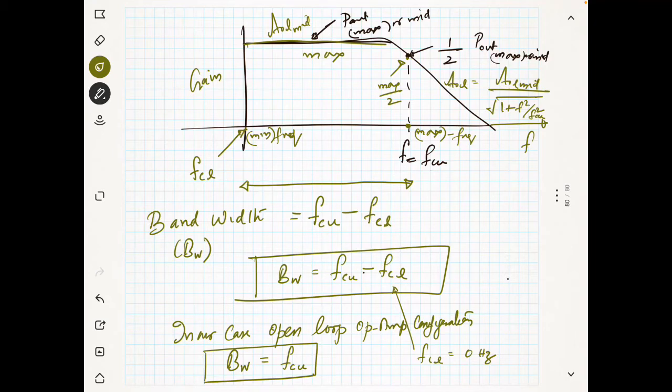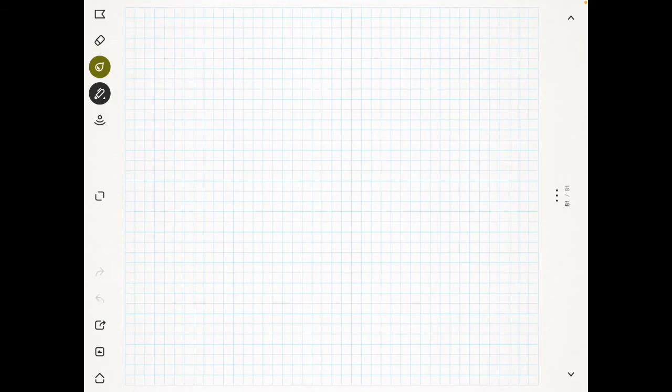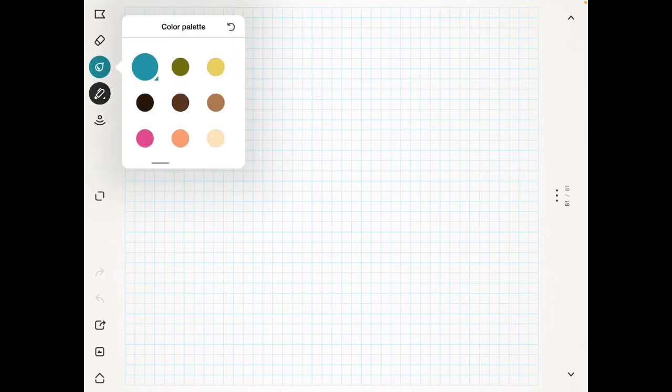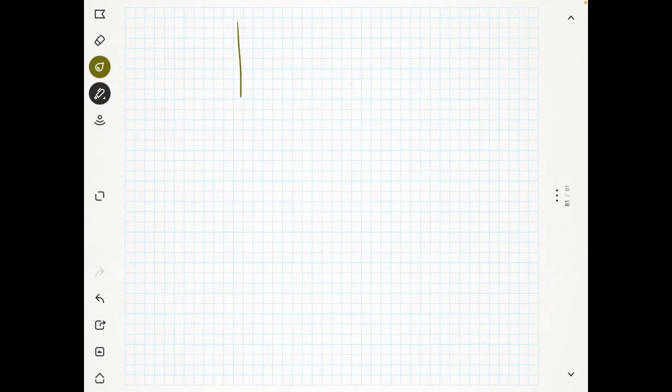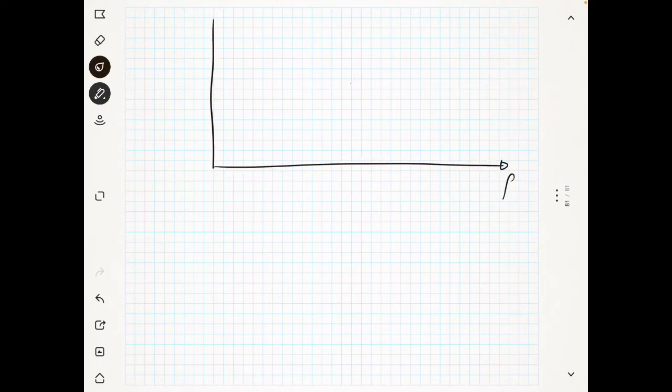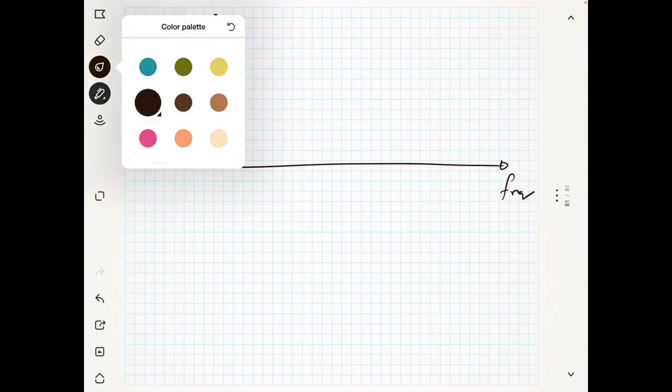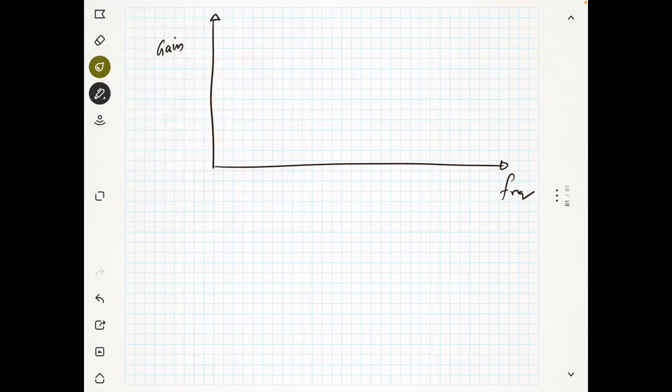But when you connect the op amp in closed loop, it can be proved that, anyway I am not going to prove it. I will first draw the open loop configuration using this green color. First of all I will draw the axis. This is the frequency, and this is the gain. The gain can be open loop and closed loop. I will first show the open loop. This is my open loop gain, going like this.